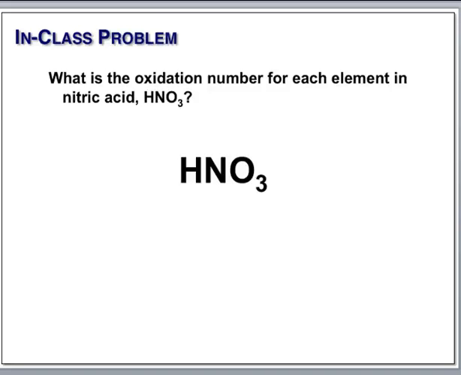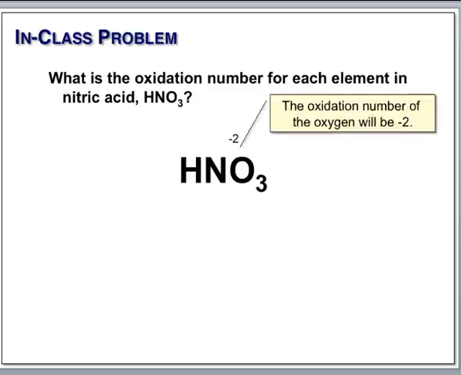Let's do nitric acid. Now we remember that hydrogen was way up there on our list. It was above oxygen, wasn't it? Hydrogen is going to be bonded to our oxygen, so that will make it +1.